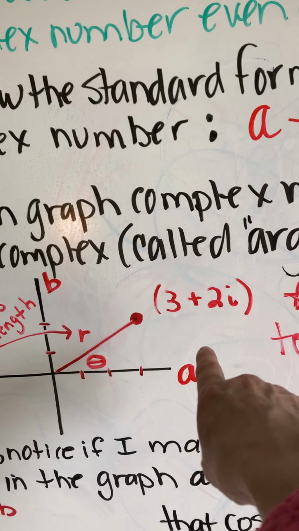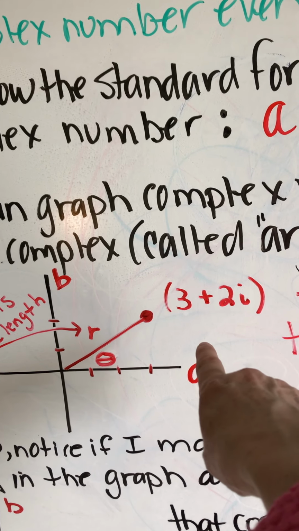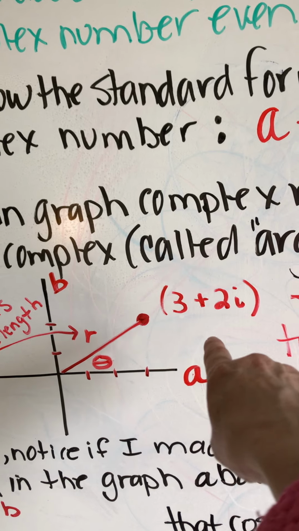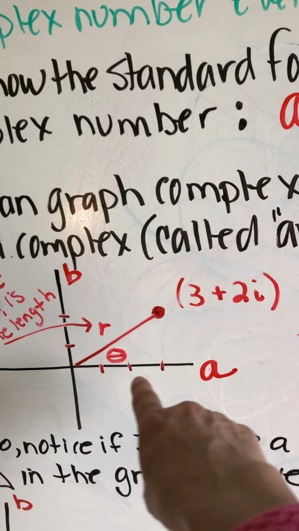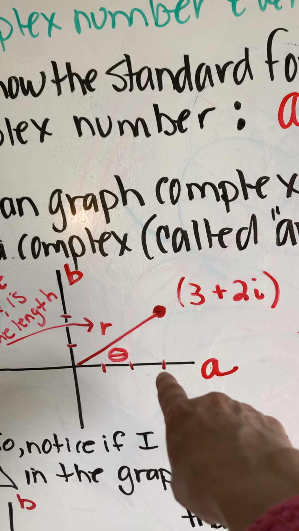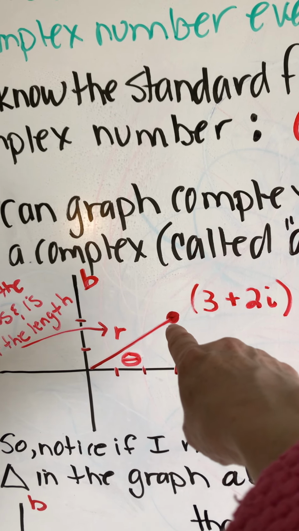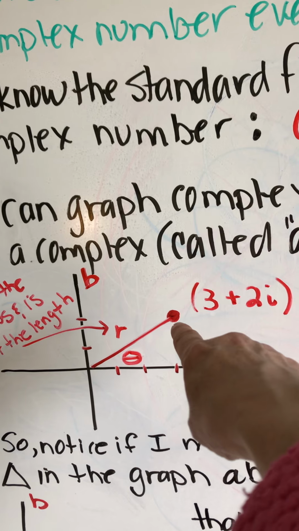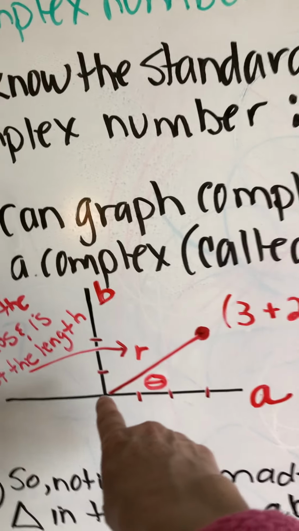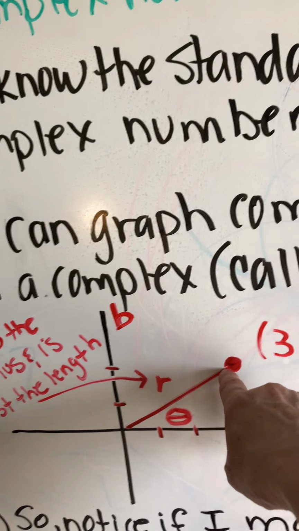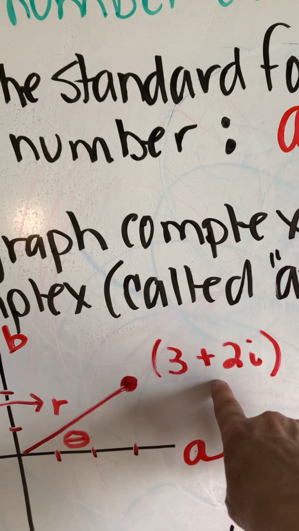And to graph a complex number, it's super easy. If you had the number 3 plus 2i, the 3 just goes on the x-axis, which is now the a-axis, and you go up 2 on the imaginary axis, which was the y-axis. So it's just really the point (3, 2), but it's on the complex plane.